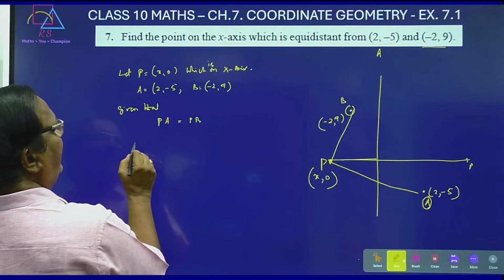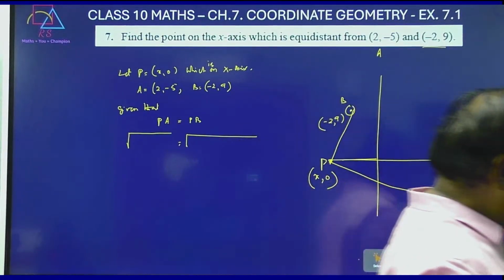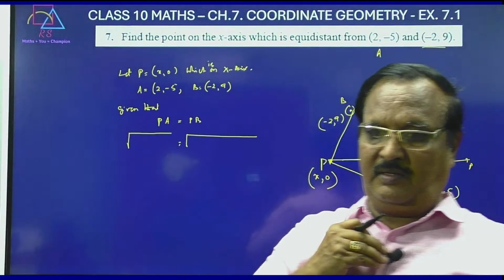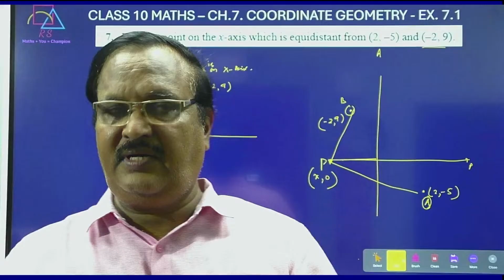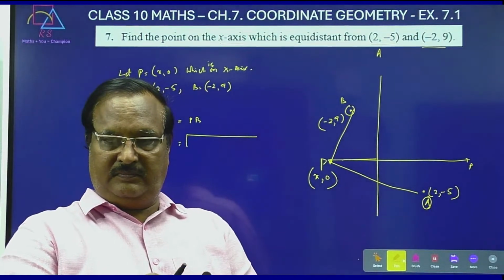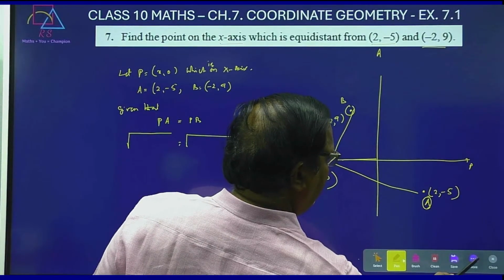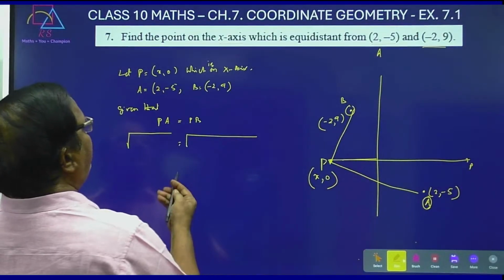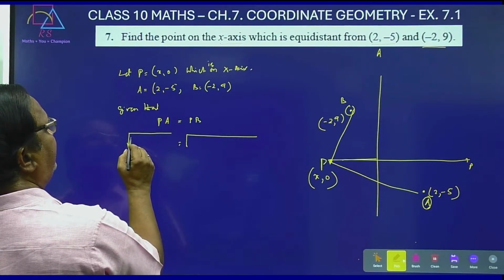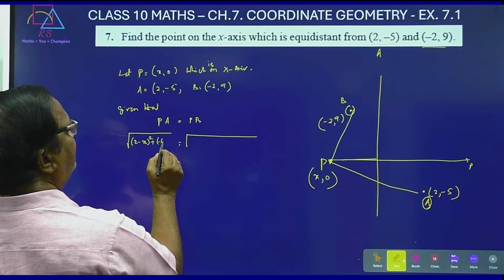So PA is the square root of x2 minus x1 whole square, that is 2 minus x whole square, plus y2 minus y1, minus 5 minus 0, whole square.